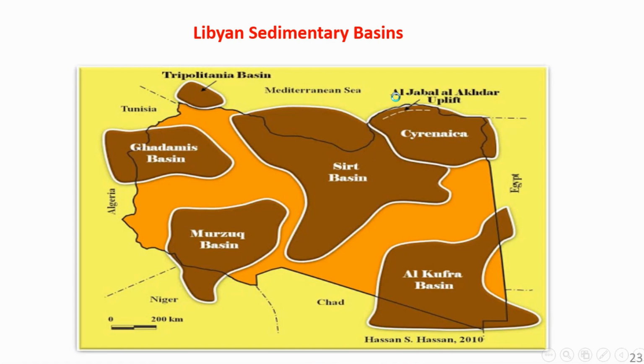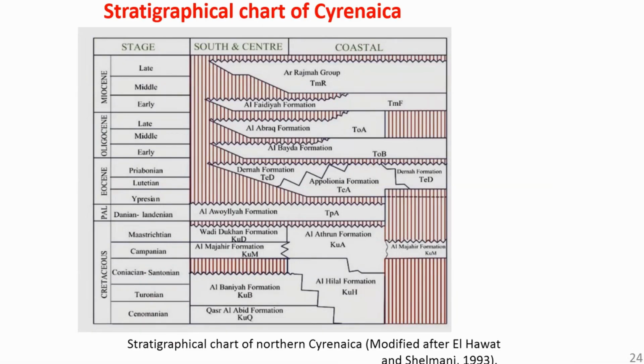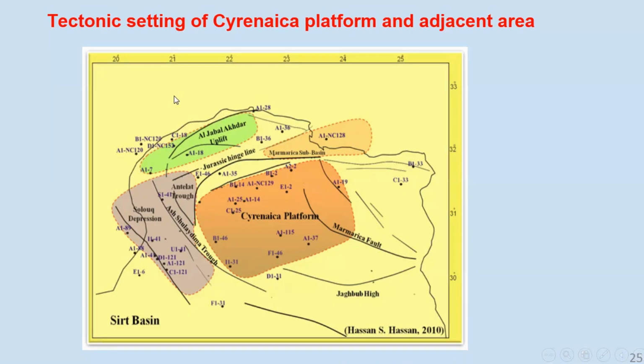These are the stratigraphic charts of Cyrenaica. The exposed formations started from late Cretaceous to late Miocene, as you see here. We focus our study on the Miocene. Tectonic setting of Cyrenaica platform and adjacent area.